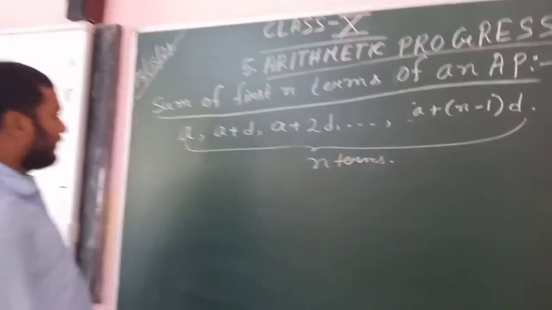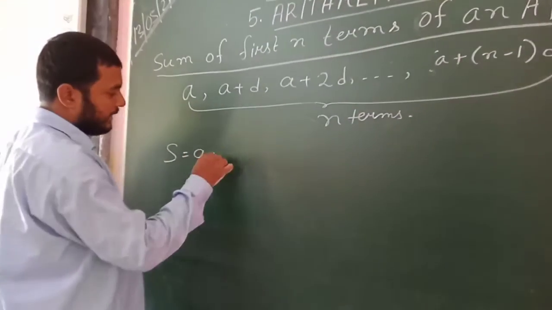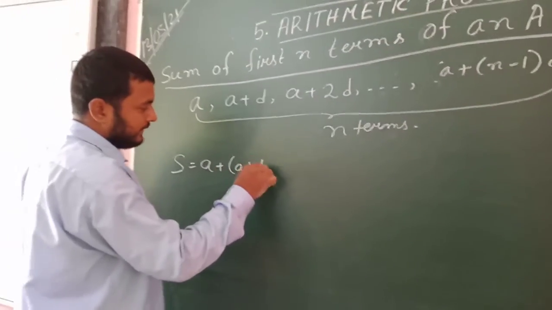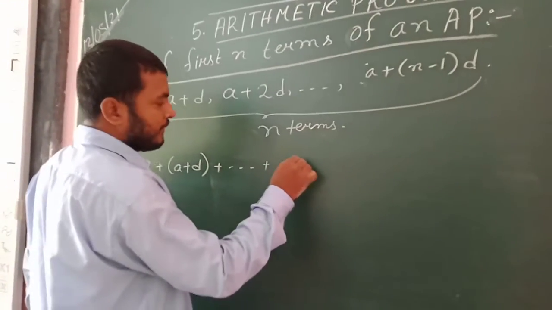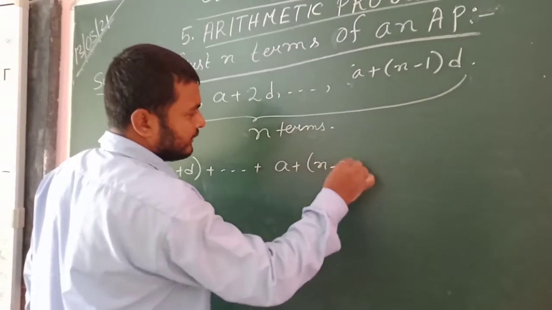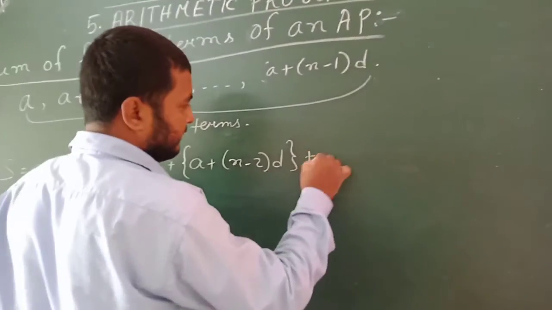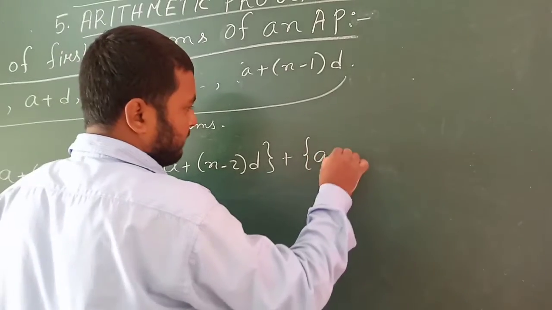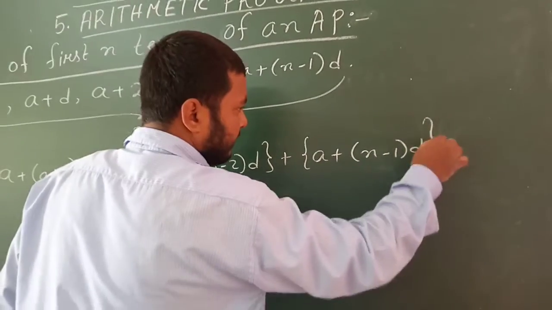Now if we have to find the sum, a plus a plus d plus dot dot dot plus a plus n minus 2d, and then here we get a plus n minus 1 d.